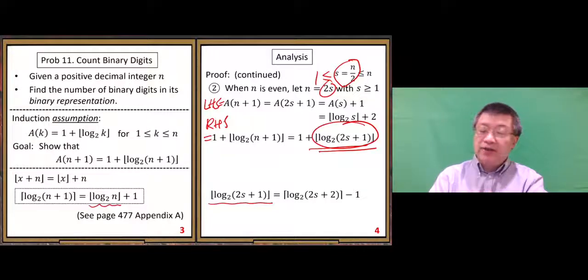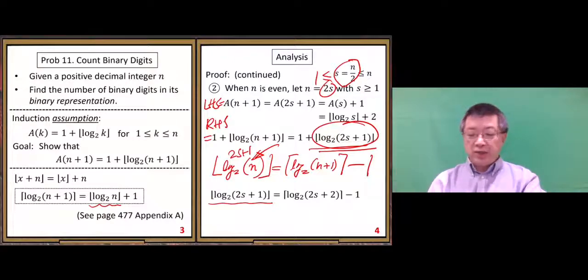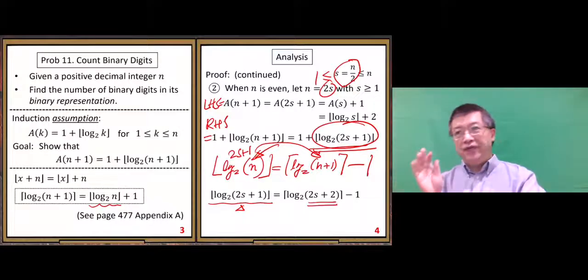We use that: floor of log base 2 of n equals ceiling of log base 2 of n plus 1, minus 1, right? Can we replace n by 2s plus 1? If you replace it by 2s plus 1, you get this expression. Here, n plus 1 is 2s plus 2, so you get this expression.